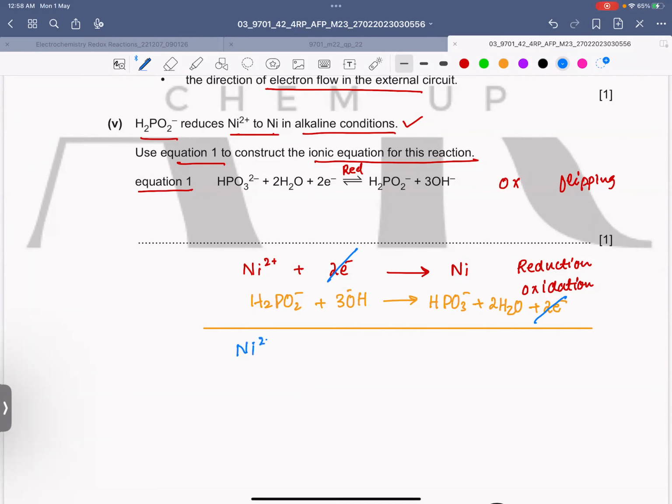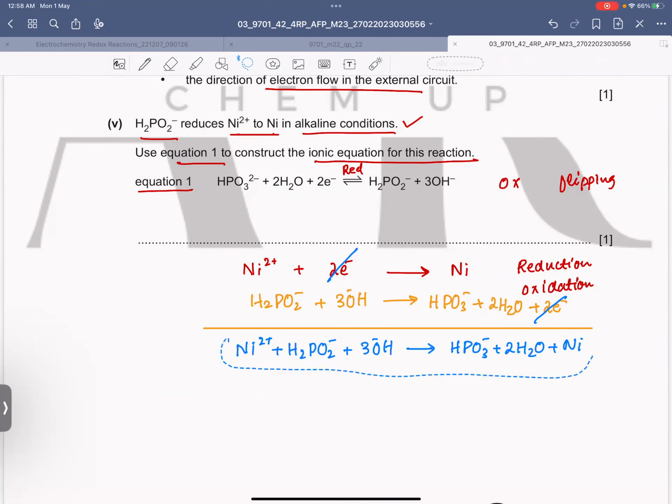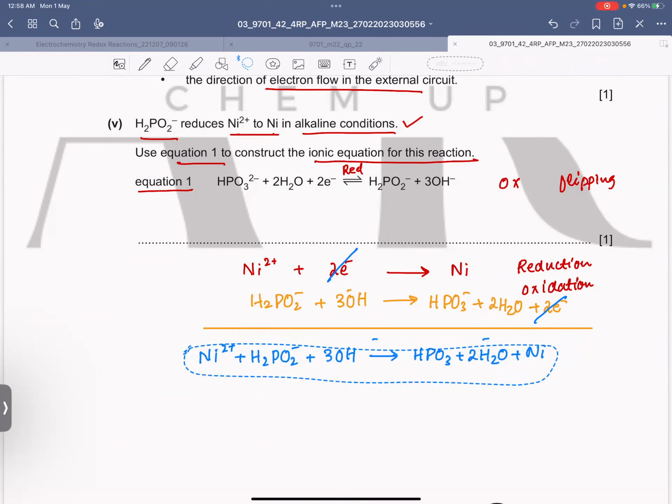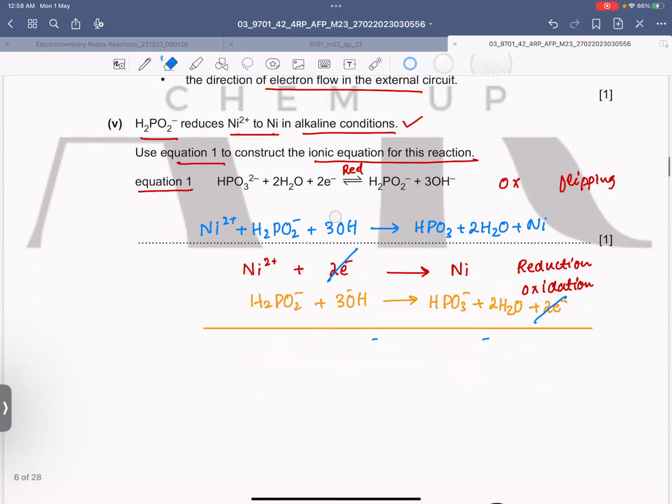Then nickel 2 positive ions, H2PO2 negative plus 3 hydroxide ions, gives HPO3 negative plus 2H2O plus nickel. So this is the net equation for the reaction. Is this clear to everyone?